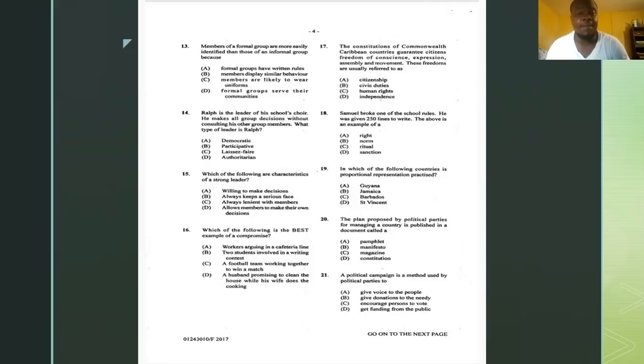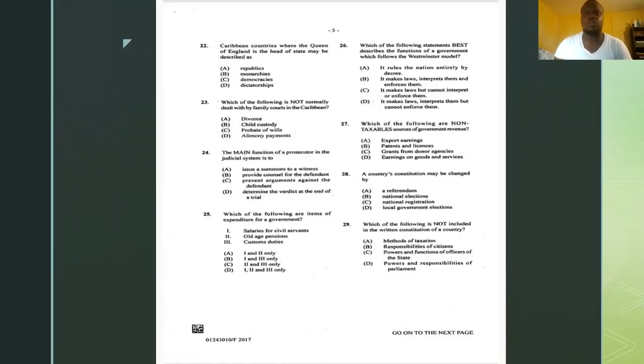A political campaign is a method used by political parties to A, give voice to the people, B, give donations to the needy, C, encourage persons to vote, or D, get funding from the public. So what is the answer for number 21? Let me hear it. Correct. The answer for number 21 is C. Political campaigns encourage people to vote. Very good. You're doing very good so far.